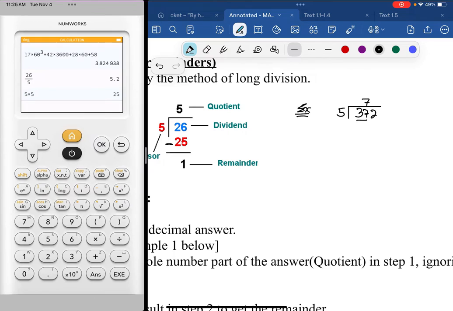It goes in 7 times. 7 times 5 gets you 35, with 2 left over, and then you'd bring down the 2 if you remember that. And then you'd see how many times 5 goes into 22, which would be 4 times. Again, multiply, gets you a result of 20. And so I'm looking at a remainder of 2. The only thing I would be able to do at this point would be to bring down a decimal value, which I'm trying to avoid. So I would just say that this is a remainder of 2.